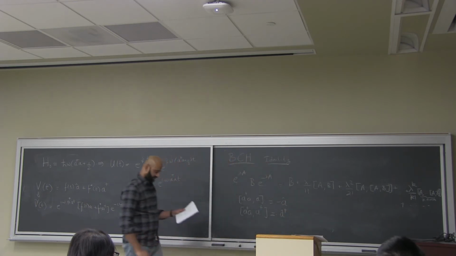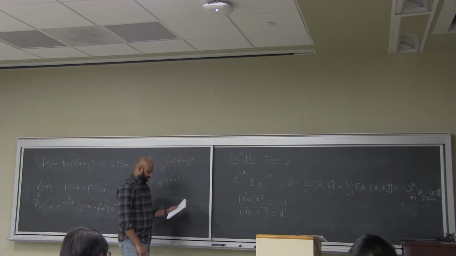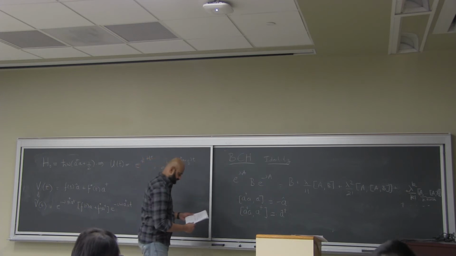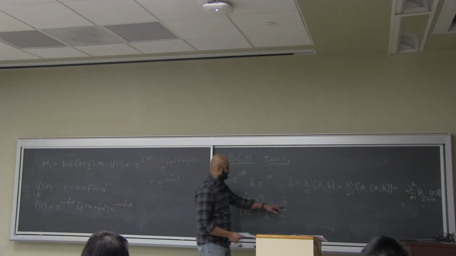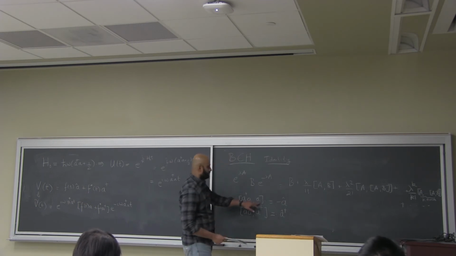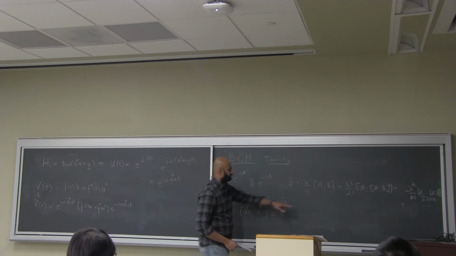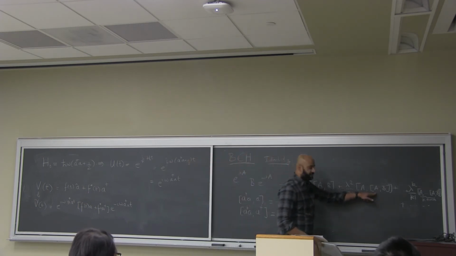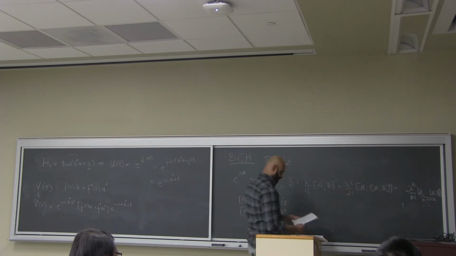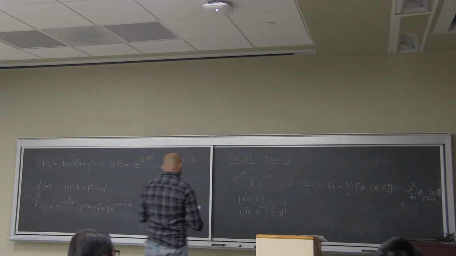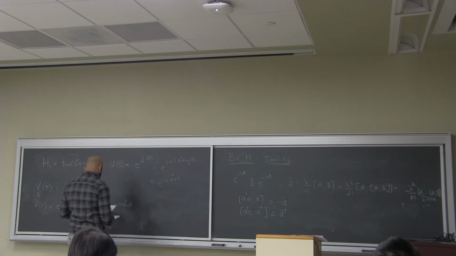So a dagger a comma a is just minus a, and then we're going to get a minus a here, and it's just going to cancel out with itself because the operator commutes with itself.